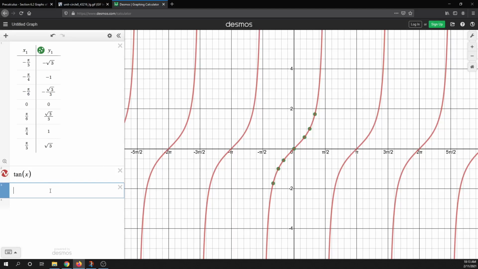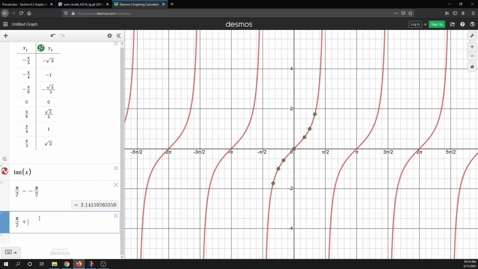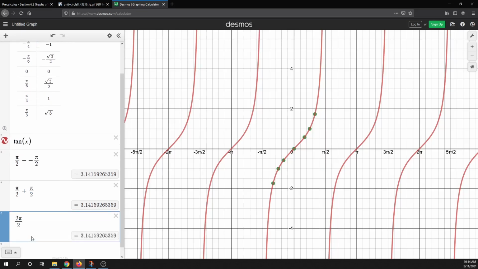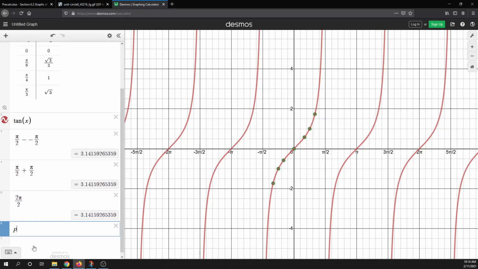So if you take pi over 2 and subtract off a negative pi over 2, that's the same as pi over 2 plus pi over 2, and that comes out to be 2 pi over 2, which is just pi. So the distance from minus pi over 2 to pi over 2 is pi units, and that's the period.